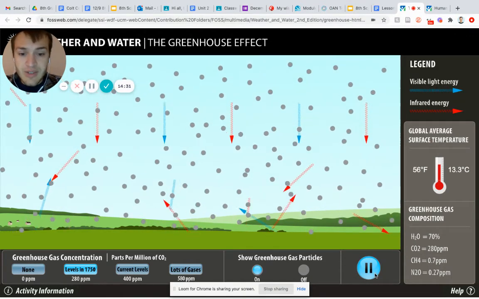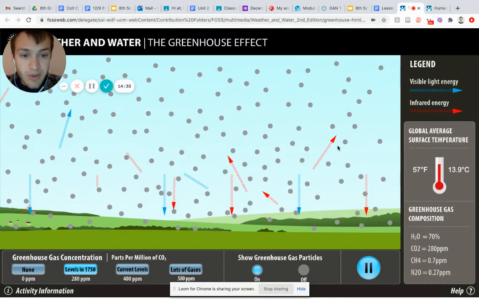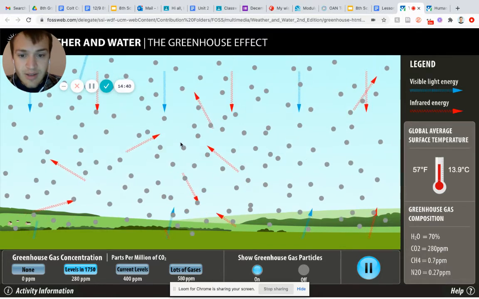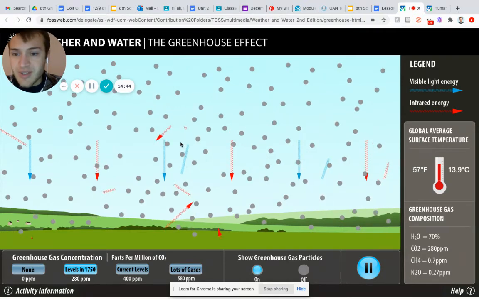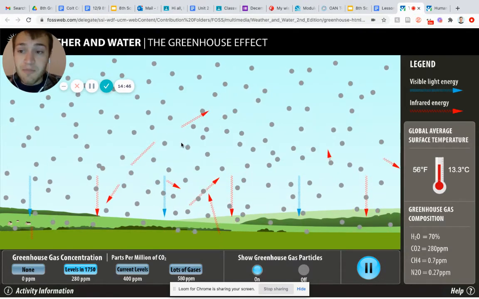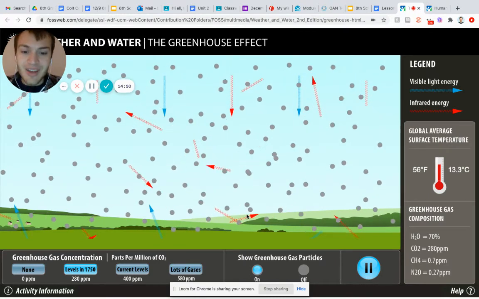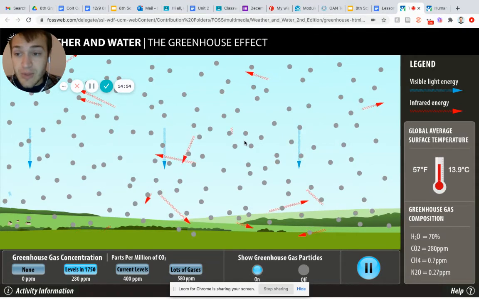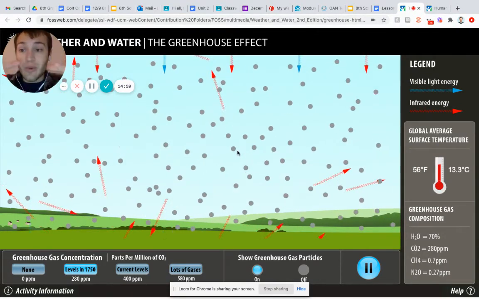And you can actually see that when the red arrows hit one of these, oh, okay, so the animation is not perfect, but what happens in the real world is that when this infrared energy hits one of these carbon dioxide molecules, the carbon dioxide molecule absorbs it and then re-radiates it.